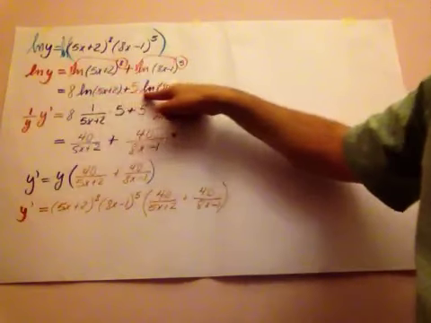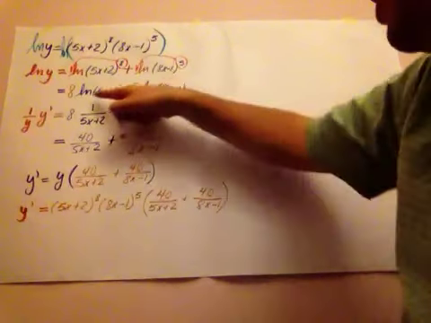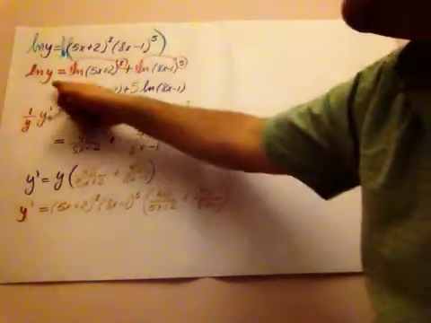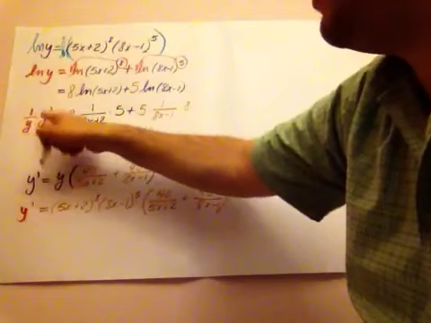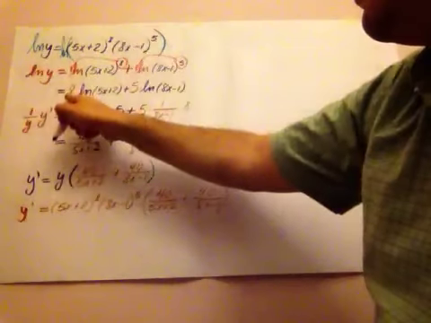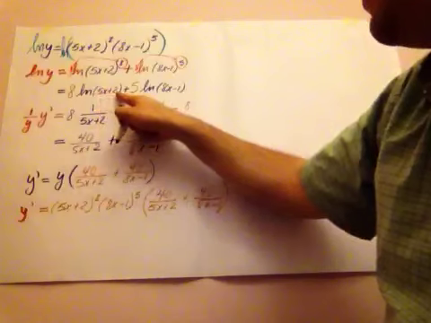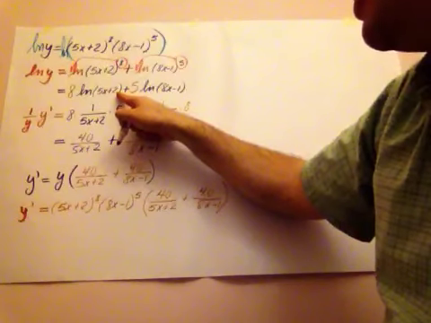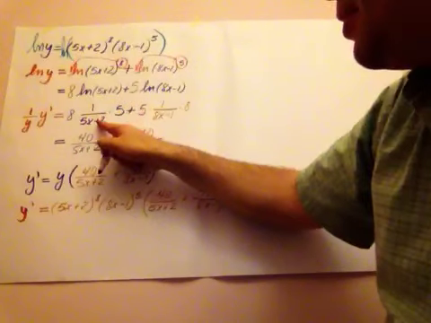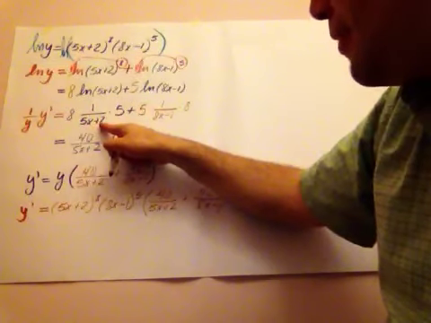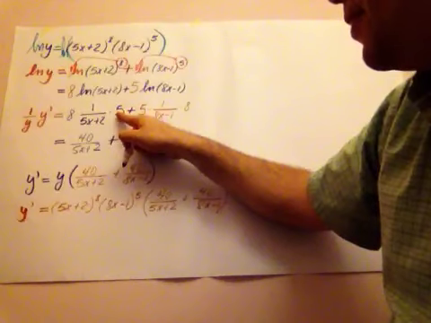Once we have it all nice and neat and linear in terms of logarithms, we can take the derivative. The derivative of ln of y is 1 over y times y prime. 8 times ln of 5x plus 2, its derivative is 8 times 1 over 5x plus 2 times the derivative of 5x plus 2, which is 5.